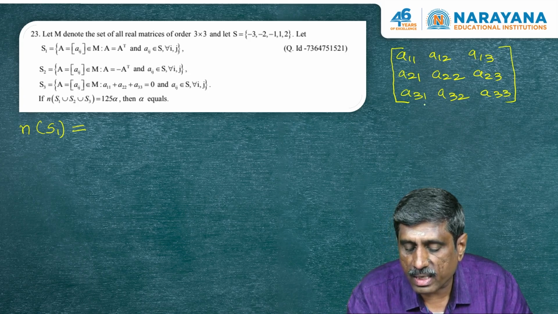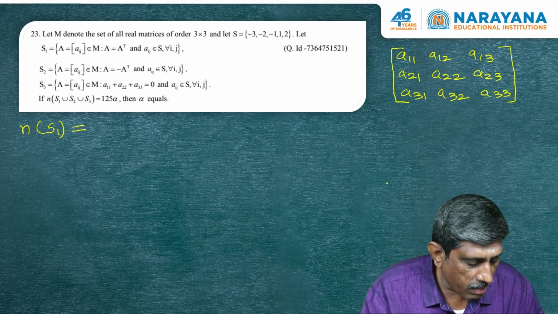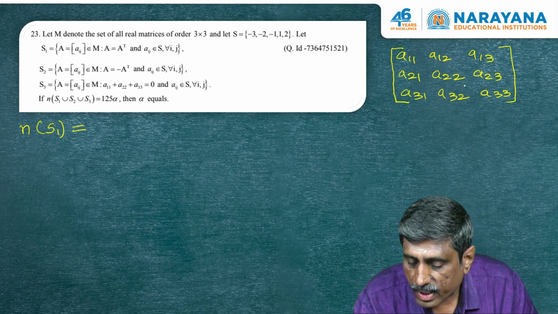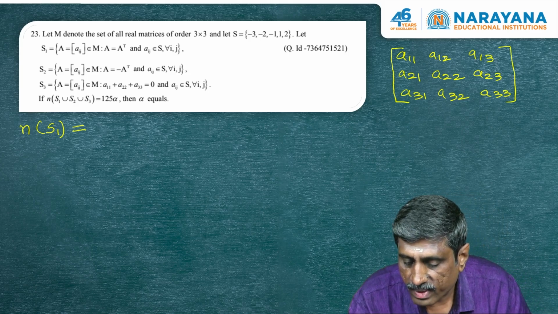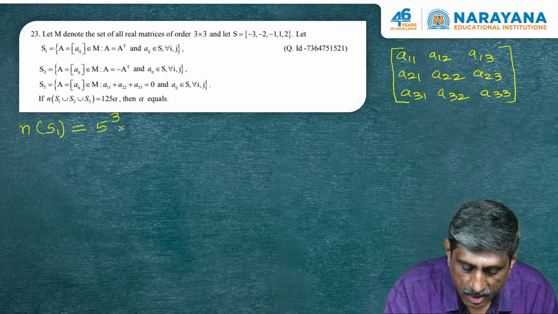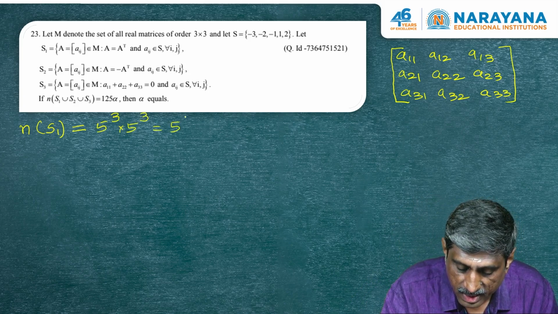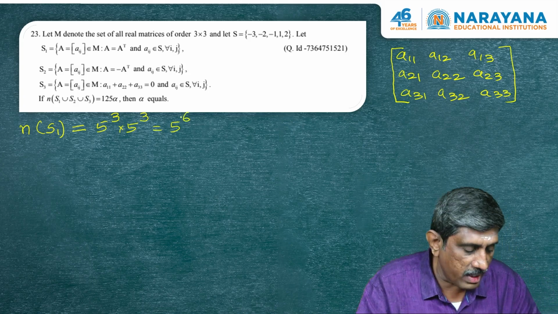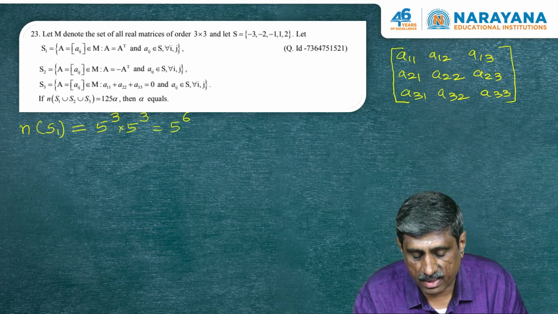Automatically the lower diagonal elements will become the mirror image. Therefore, how many possibilities we have? 5, 5, 5, because we have 5 elements in the set S. So, 5, 5, 5, here also 5, 5, 5. Therefore, 5 cube elements in the diagonal and 5 cube elements in the upper part of the diagonal. So, 5 power 6 possibilities we have to form the matrix which is symmetric.